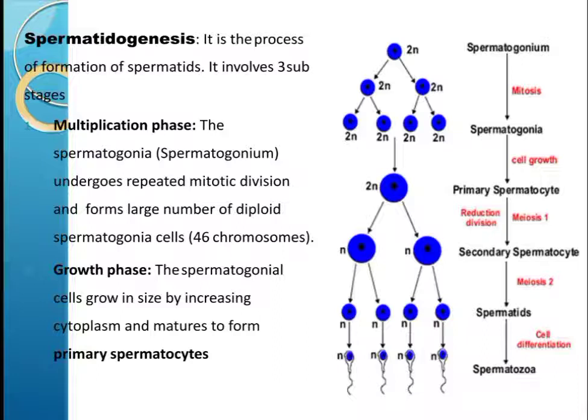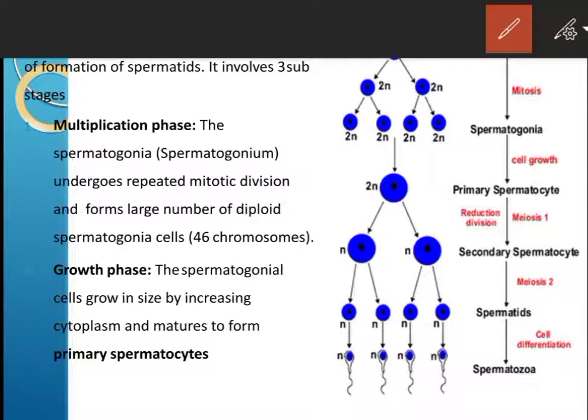It involves three substages. Number one is the multiplication phase. The undifferentiated germ cells present on the inside wall of the seminiferous tubules of the testes are called spermatogonia. Singular is spermatogonium, or the sperm mother cell.